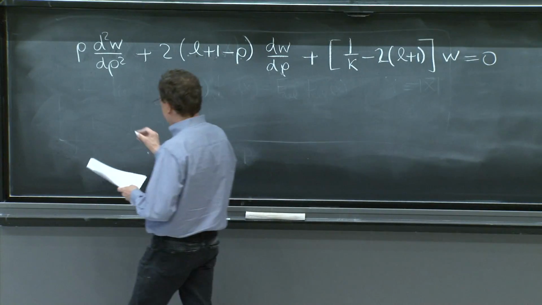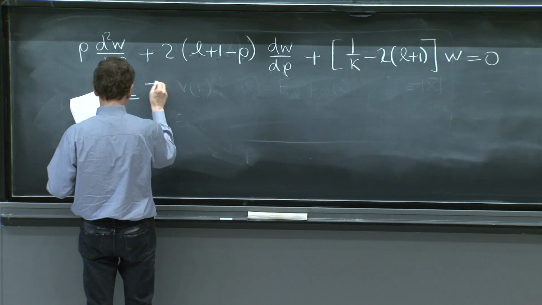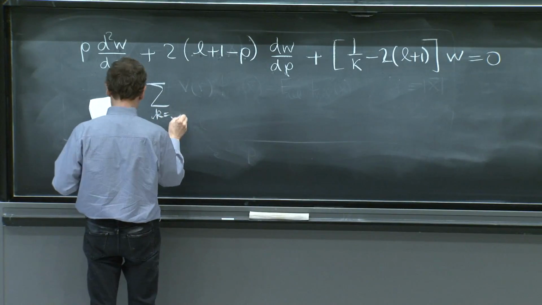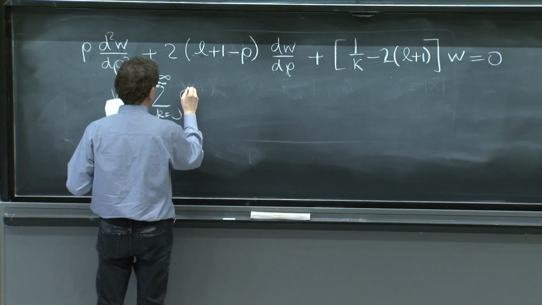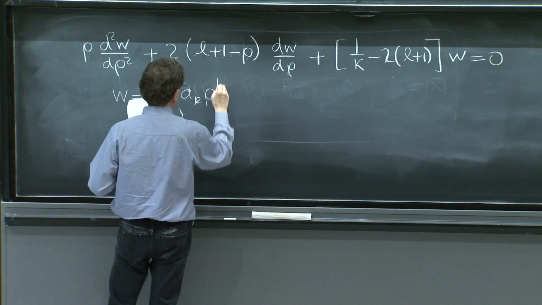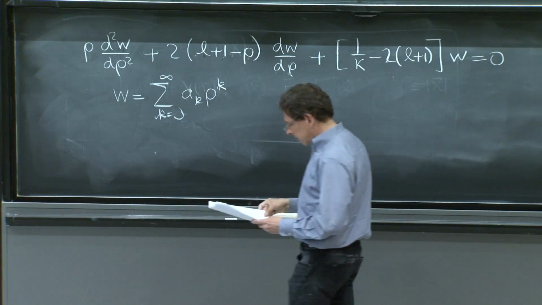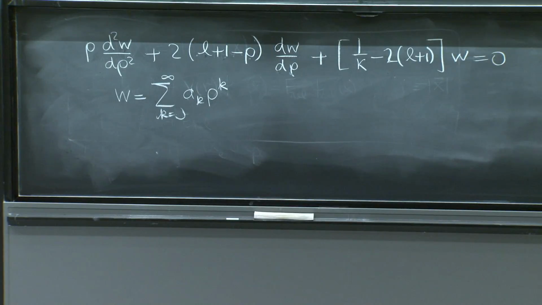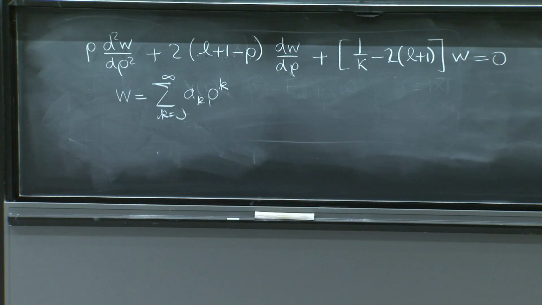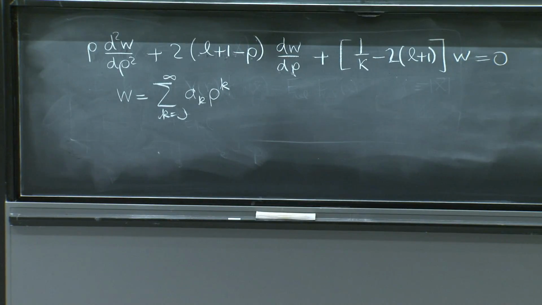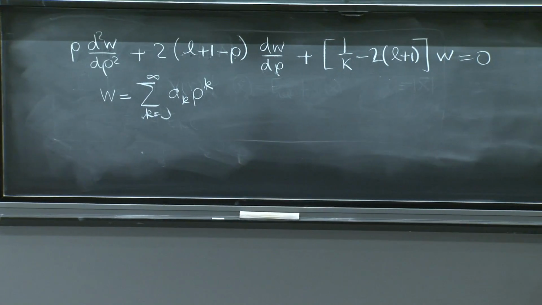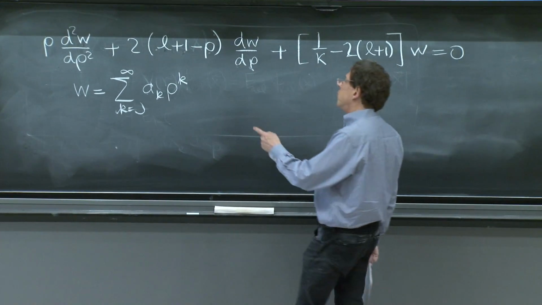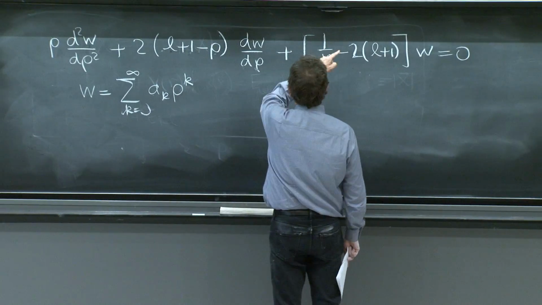Write W equals the sum from k equals 0 to infinity of a_k rho^k, and plug in. I've suggested that usually the thing you should do when you plug in those equations is to look for the power rho to the k in this equation.